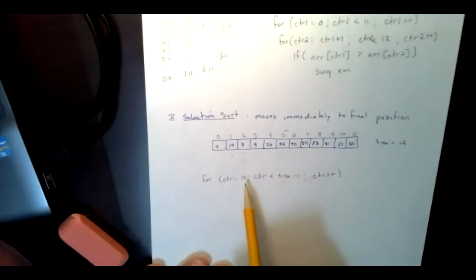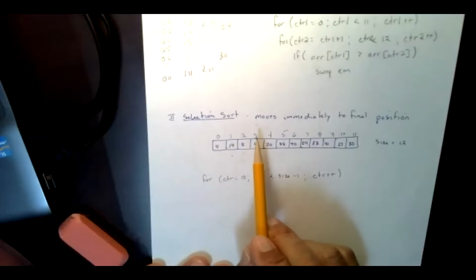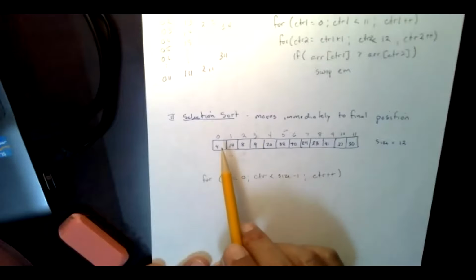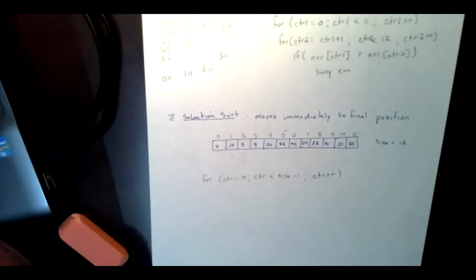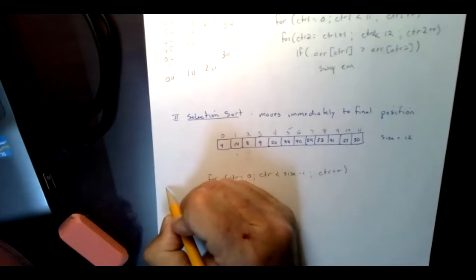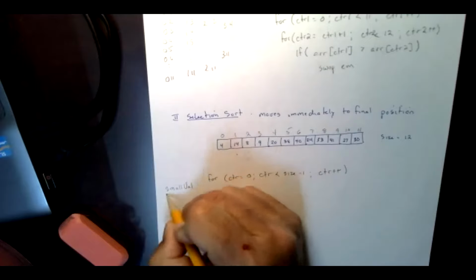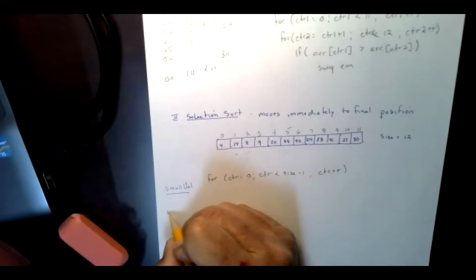So I'm at position 0. Now I want to find the location and the value that's smaller than that 4. So here's what I'm going to do. I'm going to get a variable called small value, and I'm going to get the smallest location.